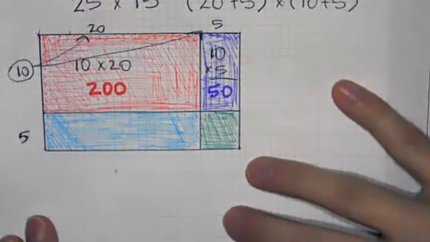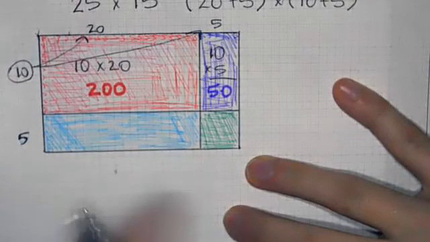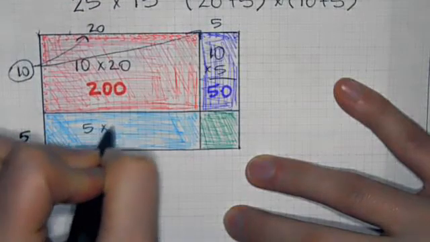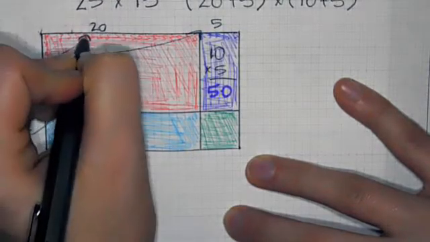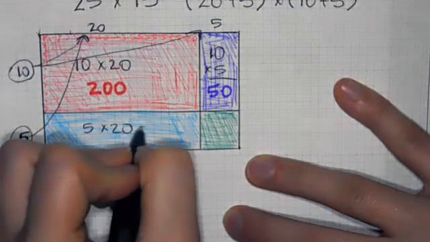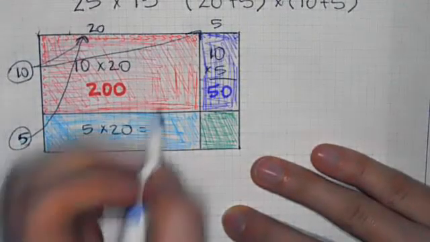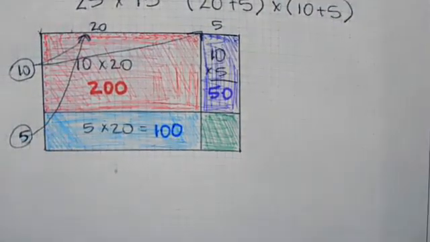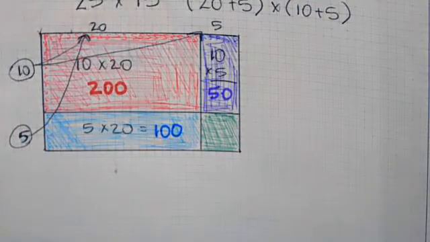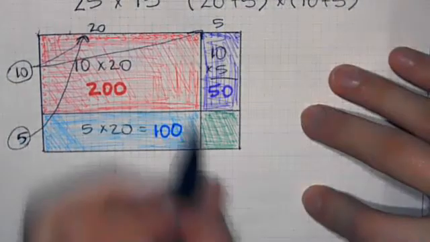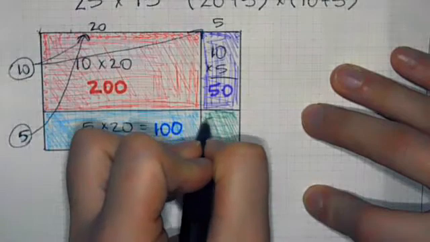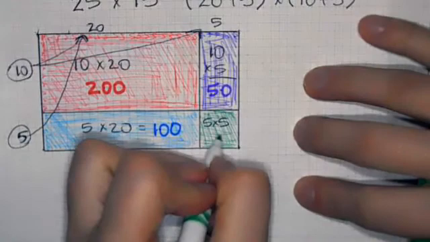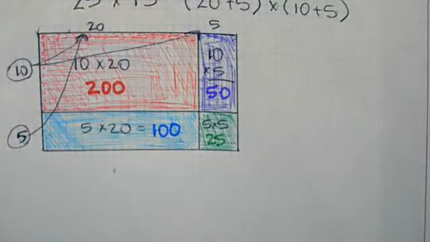Now I'm going to multiply the numbers in this blue box. I have 5 down and 20 across, so that would be 5 times 20. I'm distributing the 5 to the 20. 5 times 2 is 10, with that 0 on the back, that would be 100. And my last box, my green box, I have 5 going down and 5 across, so that would be 5 times 5, which I know is 25.